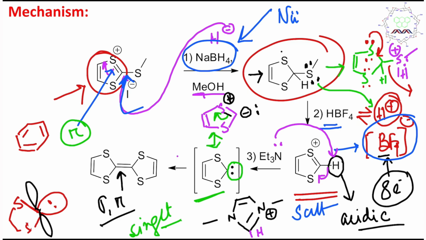If that amount of energy is given, you can expect one electron could be transferred here and it could be converted into a diradical, and these two diradicals may combine and form this double bond instantly.